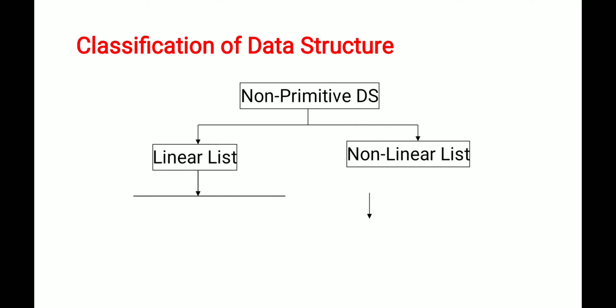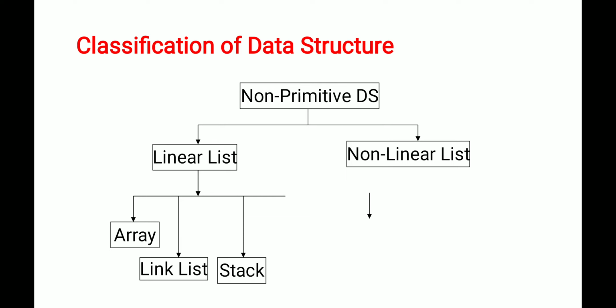Now when we go for linear list, array is an example of linear list, and so are linked list, stack and queue. Why are those called linear data structures? Because the data is organized or stored into the memory in a linear fashion, maybe a row, maybe a column. Sequentially we store data into the computer memory, one after another.